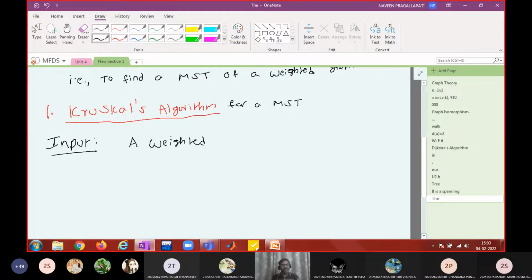Otherwise, it will not. So a weighted connected graph. What is the expected output? A minimal spanning tree of G.